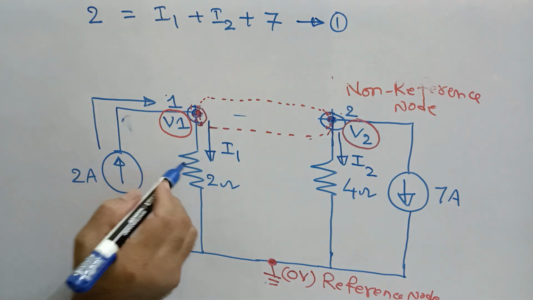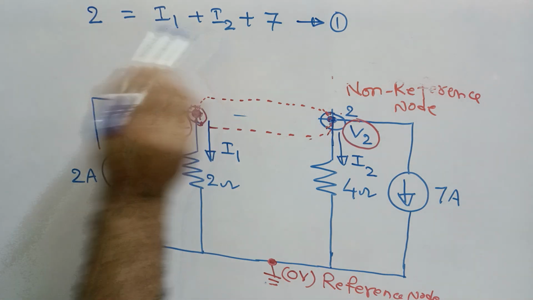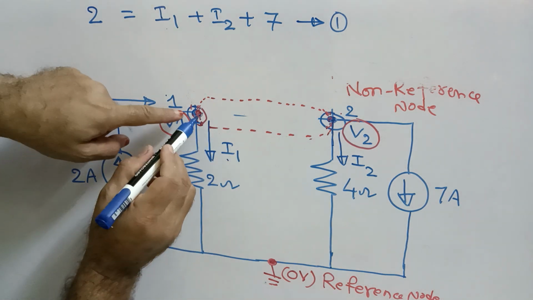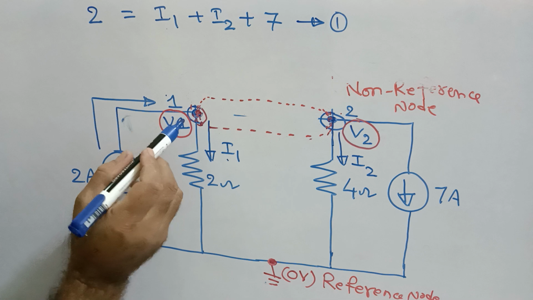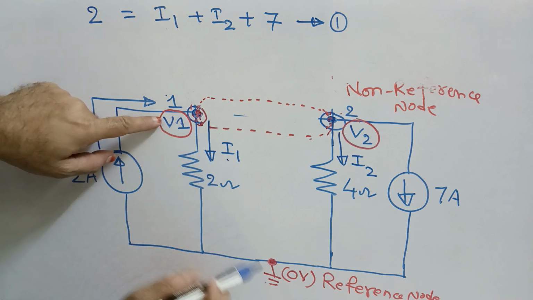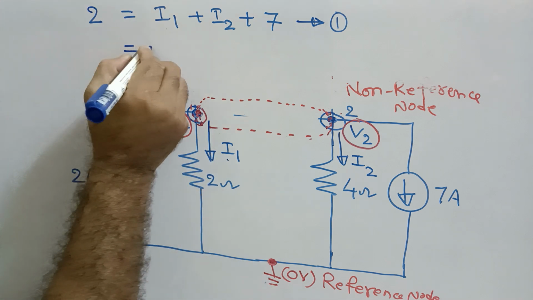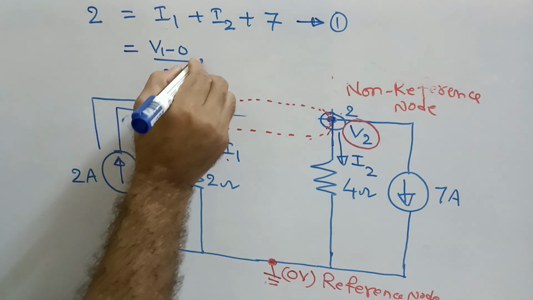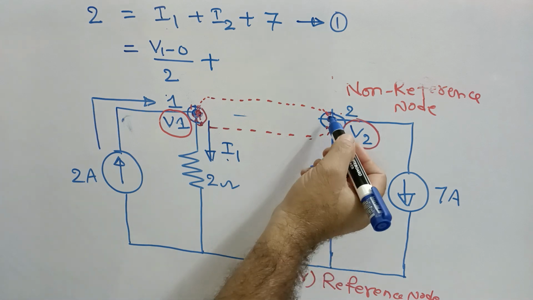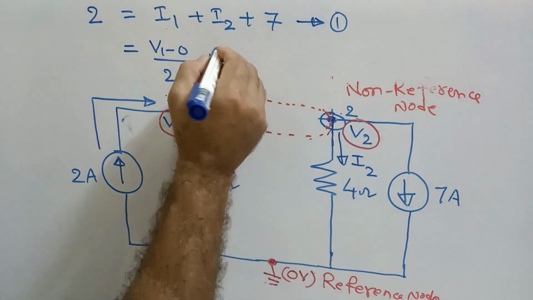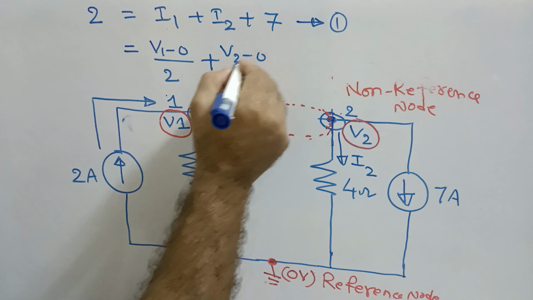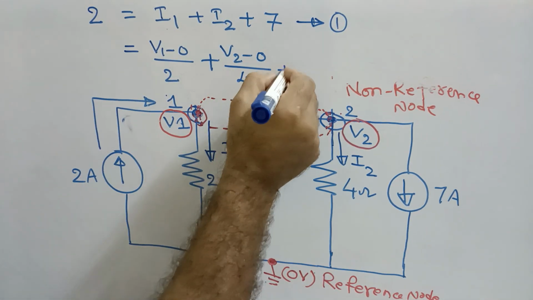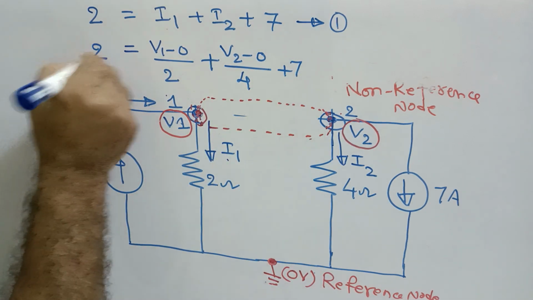Now we have to write the expressions for what is I1 and what is I2. I1 can be written as, here the nodal voltage is V1, therefore I1 is equal to (V1 minus 0) by 2 ohm. And I2 is equal to (V2 minus 0) by 4 ohms. Plus 7, this is 2 is equal to.